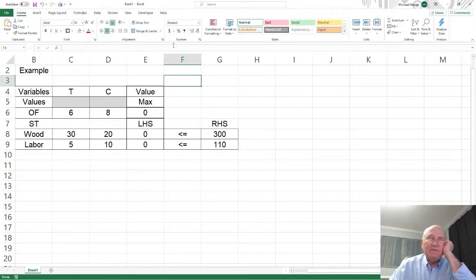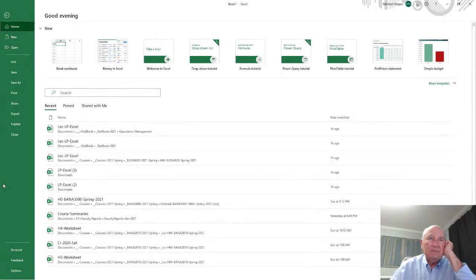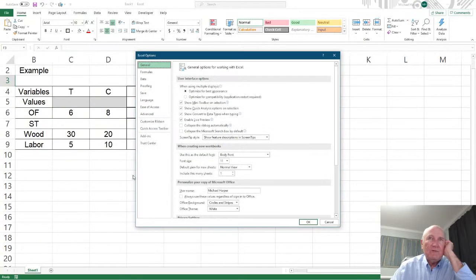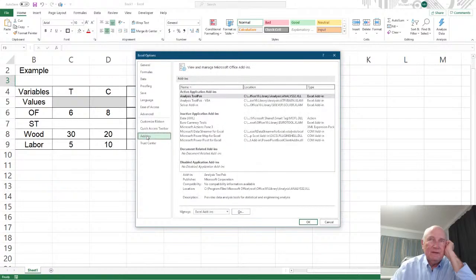So if you don't have it, I'll do this quickly here. Click File, come down to Options, come over here to Add-ins. Now come down here to Add-ins and make sure you have Excel add-ins.